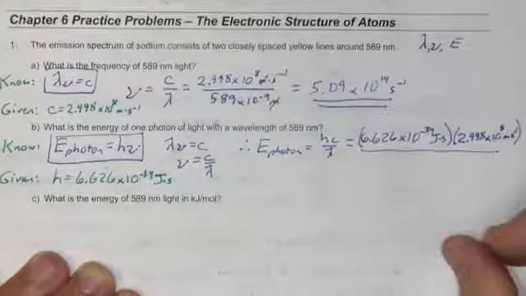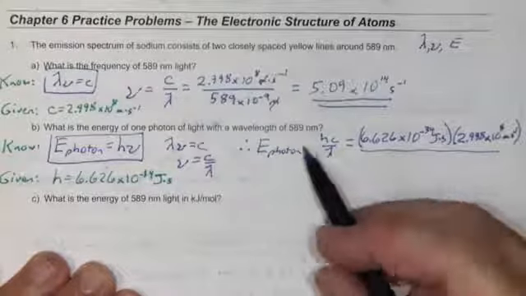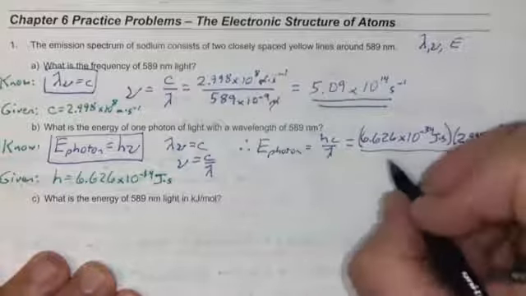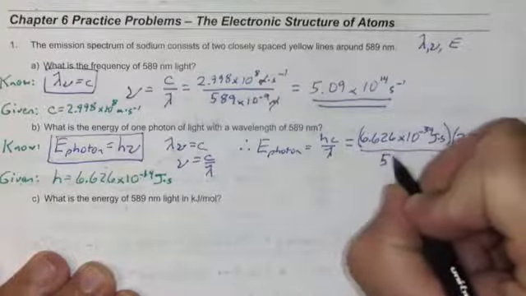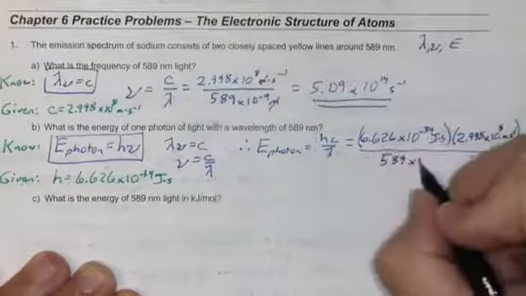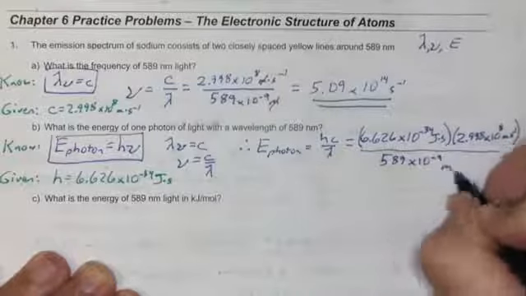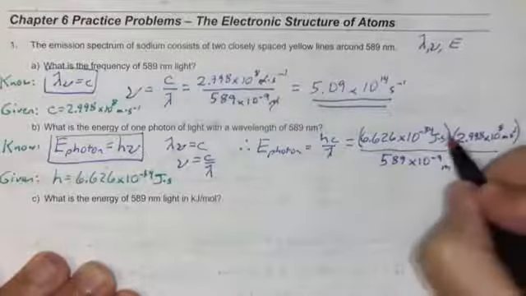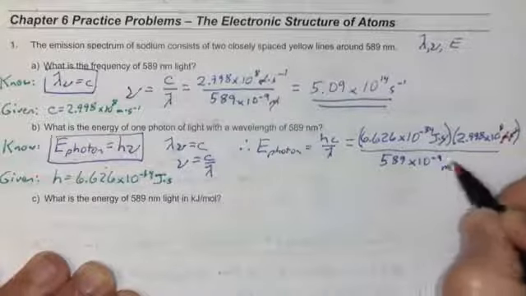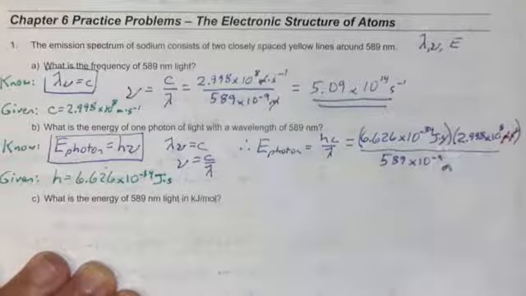divided by the wavelength. And again, the wavelength is in nanometers, but it needs to be in meters so that all the units will cancel appropriately. So we will write 589, and instead of writing nano, nano means times 10 to the negative 9 meters. As you look at the units, you'll see that seconds cancels inverse seconds, and meters cancels meters, and that leaves joules, which is a unit of energy.